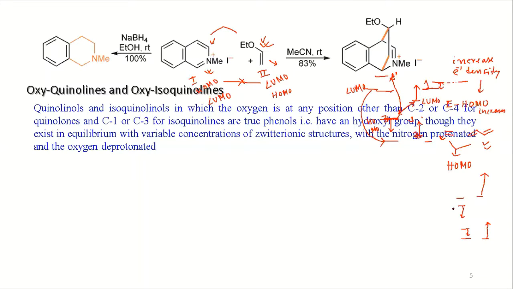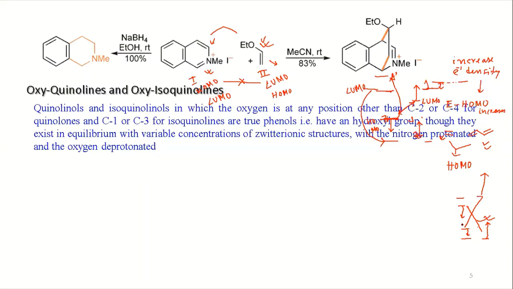Now if you consider the reaction, you have to take HOMO of one, and for the other you have to take LUMO. So then you have to do the cross, right? You have to do the cross. That means HOMO is decreasing, then LUMO also will be decreasing.